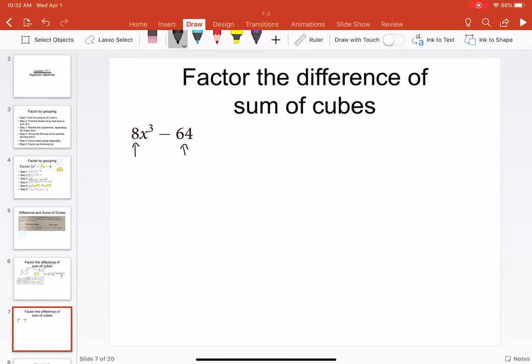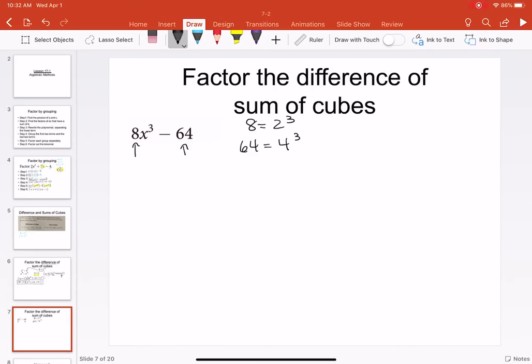I know that 8 is equal to 2 cubed, and 64, let me get out my calculator, is equal to 4 cubed.